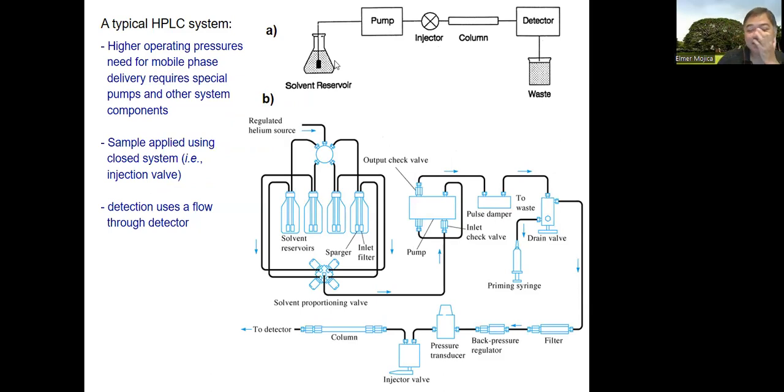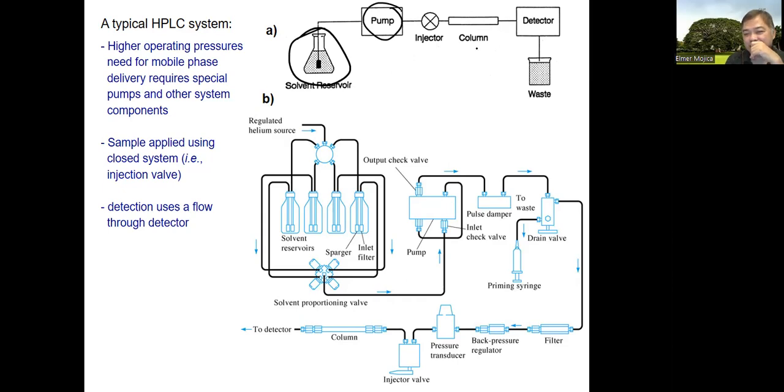So this is, we could say, the simplest schematic diagram for an LC system. So you have the solvent reservoir, okay? And the solvent is introduced to the system by the pump. Once you inject the sample, the solvent will go with the sample. It will be pushed by the pump.